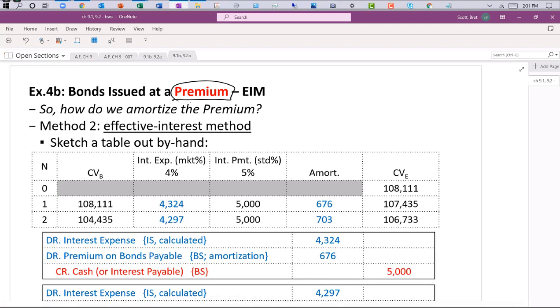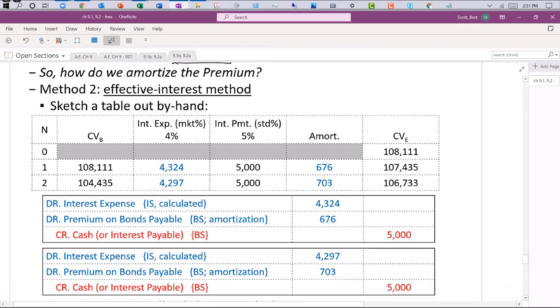You've got to be able to sketch out a couple rows. This looks very similar to the double declining balance method that we saw earlier. You have to go row by row to determine what the true interest expense is and what the true amortization is. So this is the effective interest method. This is the more accurate method.